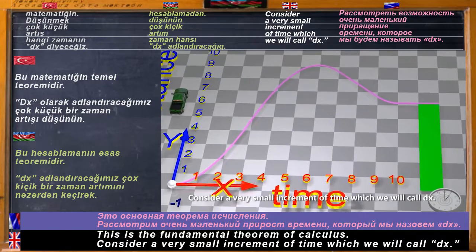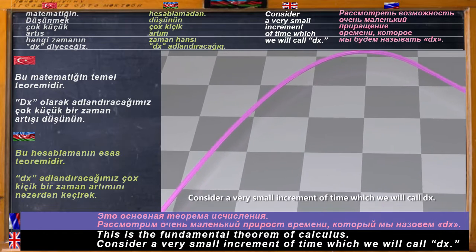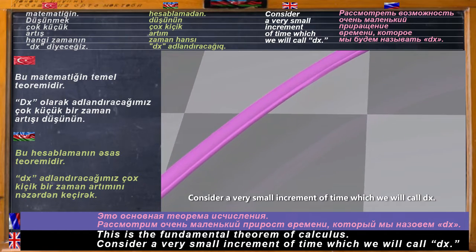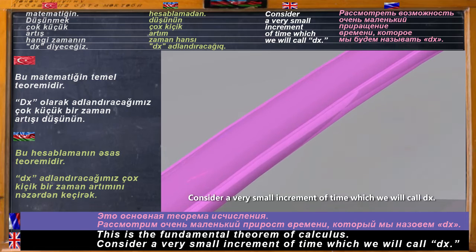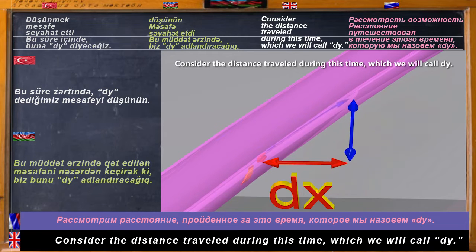Consider a very small increment of time, which we will call dx. Consider the distance traveled during this time, which we will call dy.